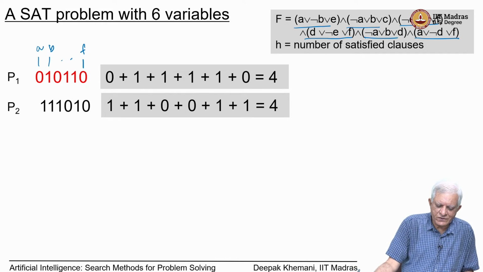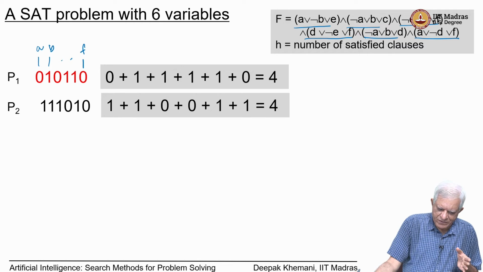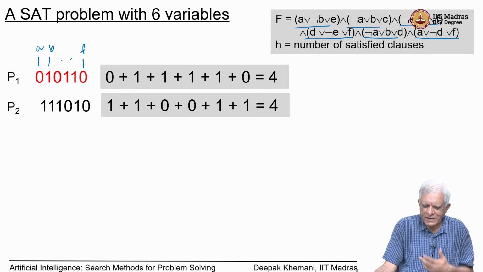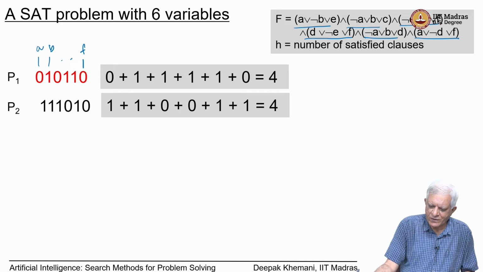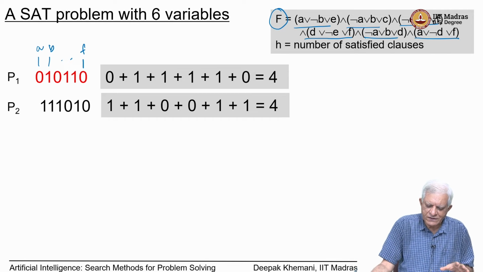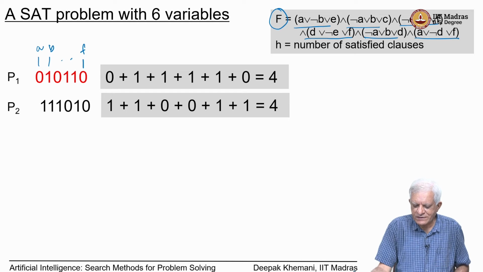So, 0, 1, 0, 1, 1, 0 means A is equal to 0, B is equal to 1, C equal to 0, D equal to 1, E equal to 1, and F equal to 0. And likewise, there is the other candidate 1, 1, 1, 0, 1, 0. And you can see that for both the candidates the heuristic value is 4, and I encourage you to look at this formula F that we are working with and see that for both the candidates 4 of the 6 clauses are satisfied.